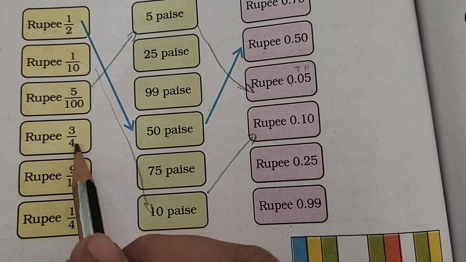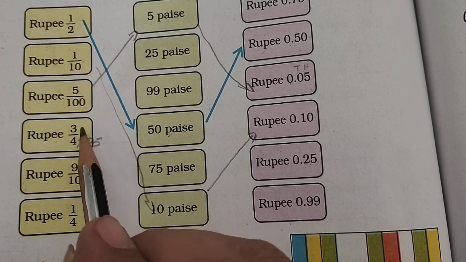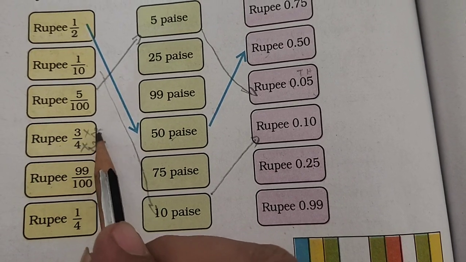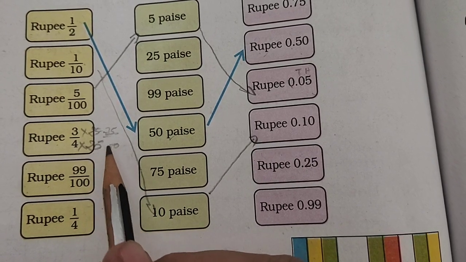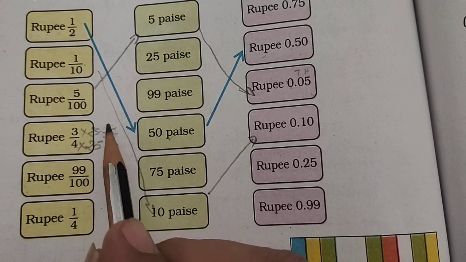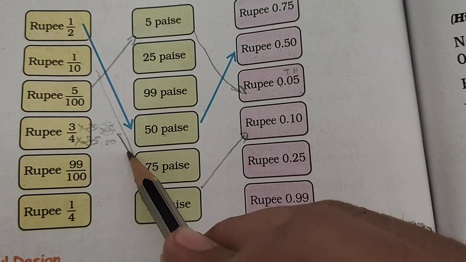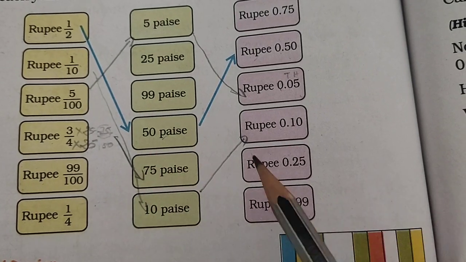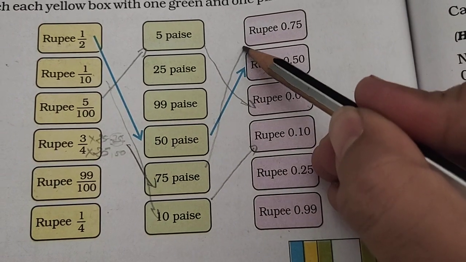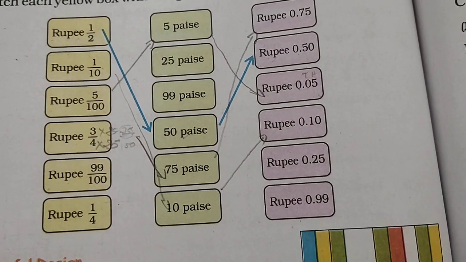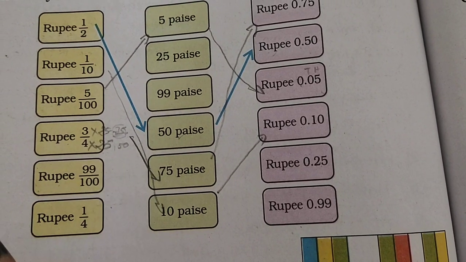So multiplying 4 by which number will get 100? We can multiply it by 25. Below 25, above also 25 we will multiply. 3 25s are 75. So 75 upon 100. So what is the value here? 75 paisa. So 3/4 of a rupee is 75 paise, and 75 paise in rupees we can write as 0.75. Understood, students?